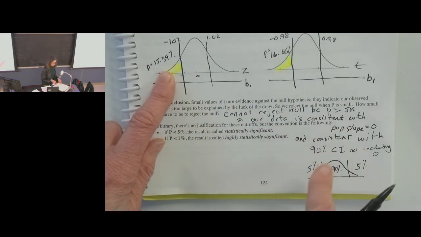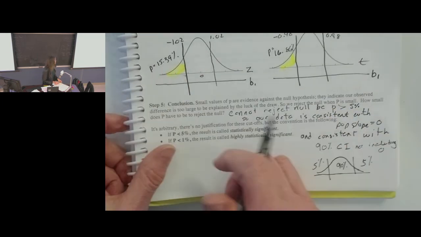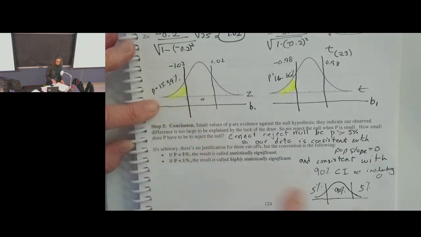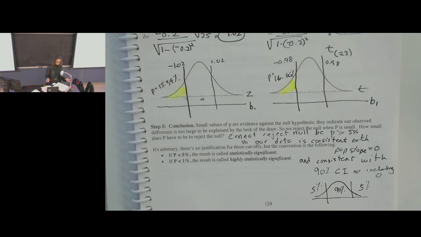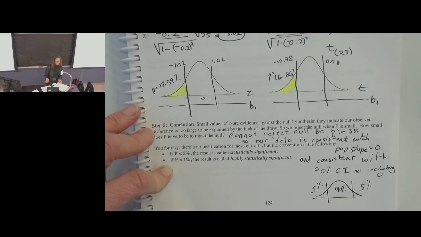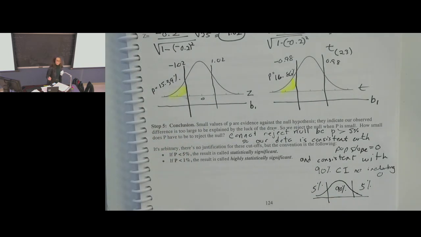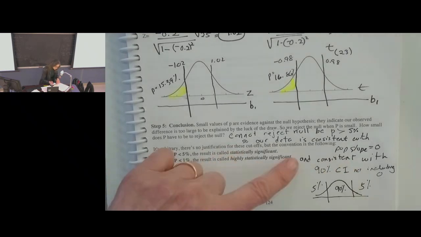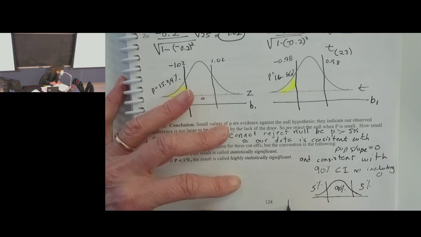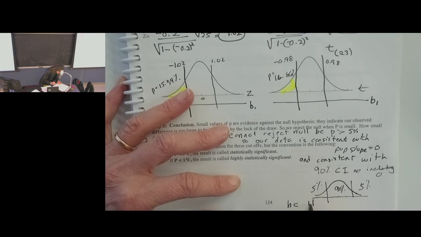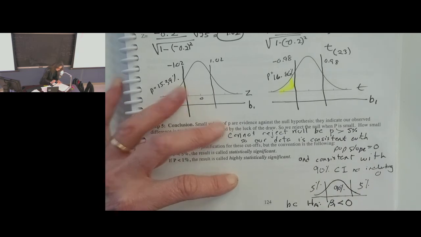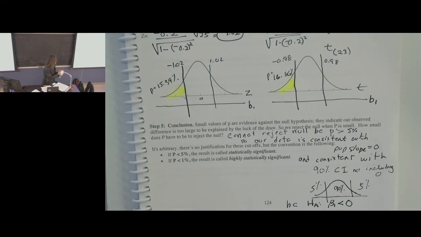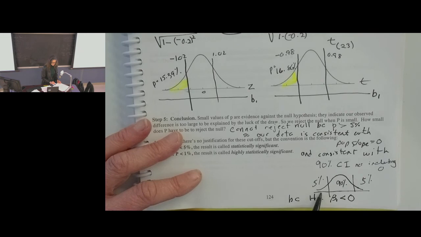P is greater than 5%, so that would be equivalent to the 90%. Does that make sense, everybody? I should put that down, because H alternative is beta 1 is less than 0, so we're putting all that 5% in one tail. Okay.